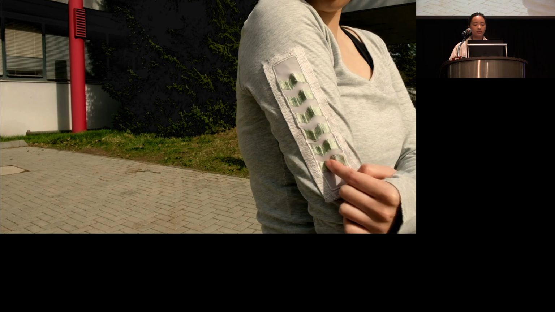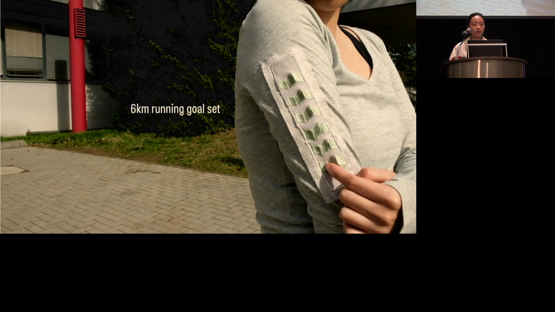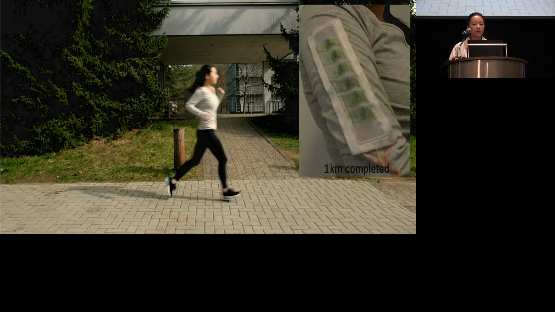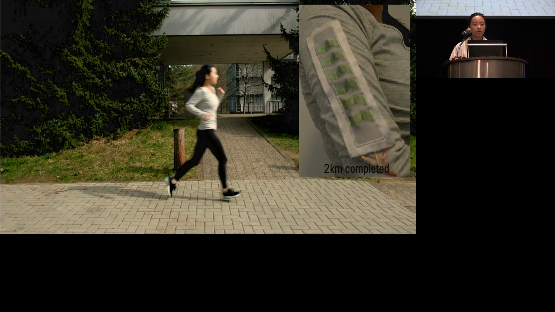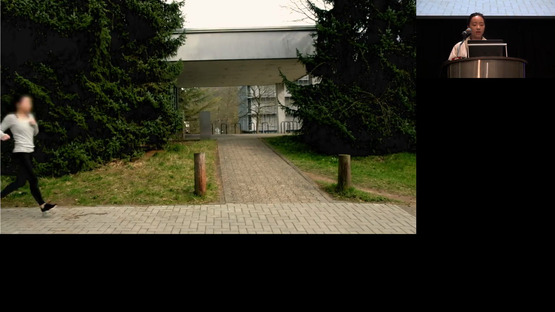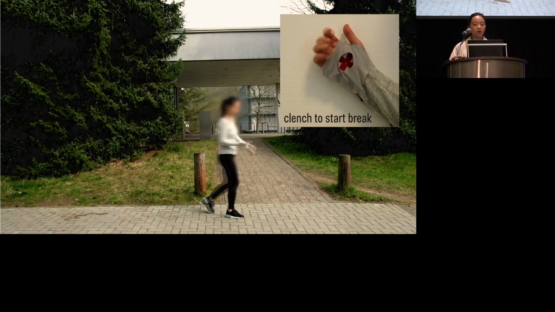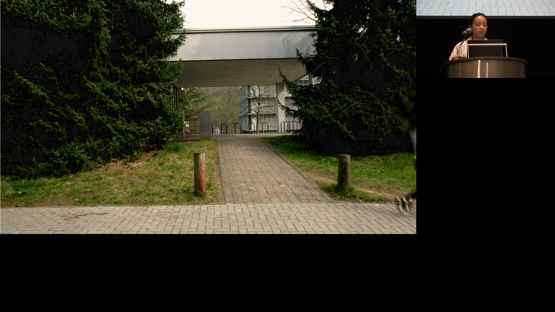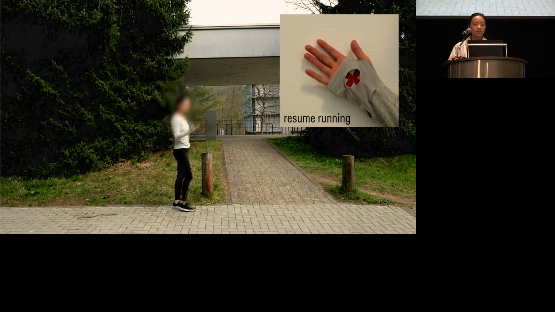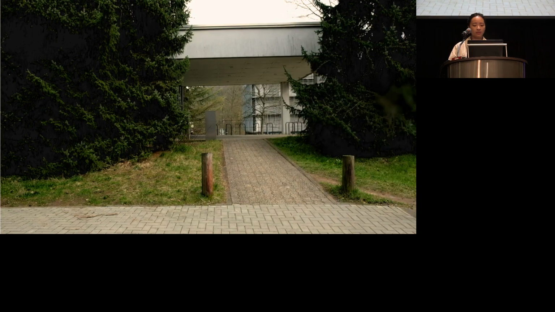The progress slider on the arm allows the user to tangibly set a running goal before running. As the user runs, the slider is actuated with SMA to show real-time progress feedback. The top also integrates a button at the palm, so the user can simply clench the fist to start a break. SMA then actuates to reset the button when the break ends to signal the user.